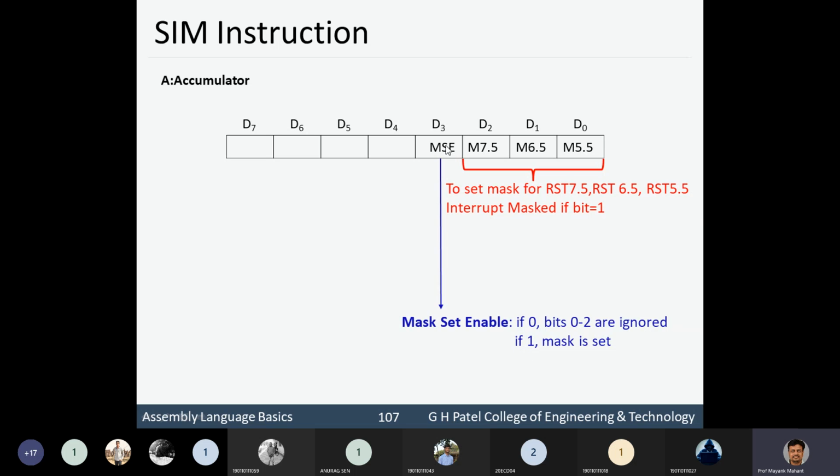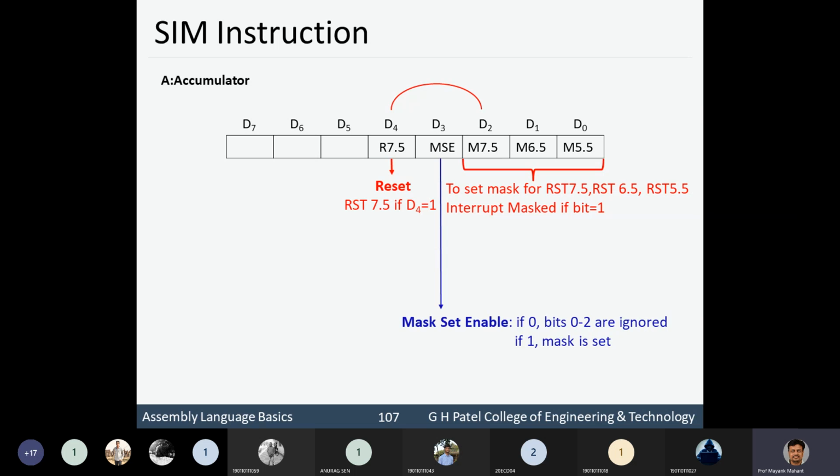And if this is equal to 1, then the mask is set. If this bit is equal to 0, then there is no use of the mask bits. But if you want to mask any of the interrupts, you need to put 1 here and then set the other values.